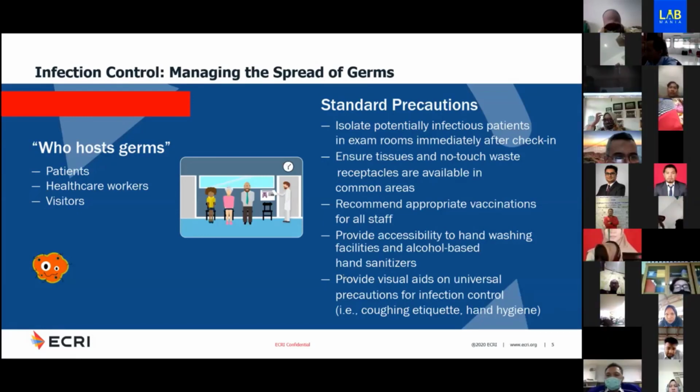And for precaution, when we're managing this kind of people, whether they are patients, workers, or visitors, what we normally say is to follow the precautions of isolating the infectious patients in exam rooms.